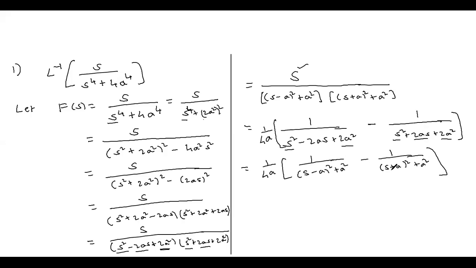Now what is the advantage in writing like this? This term is a function of s minus a, and this term is a function of s plus a. We have a property to use to find the inverse transform.